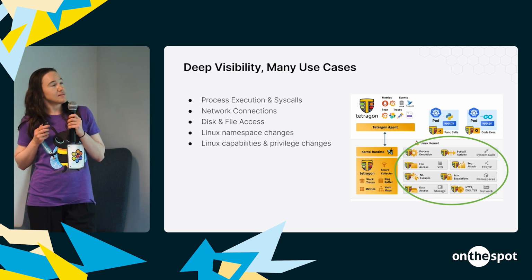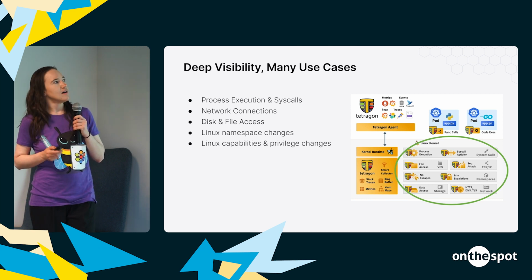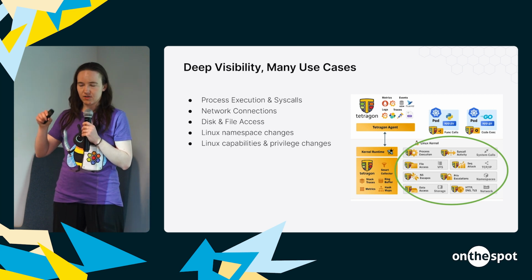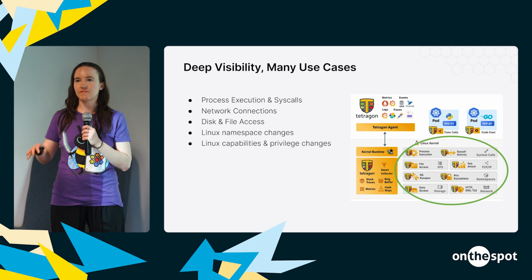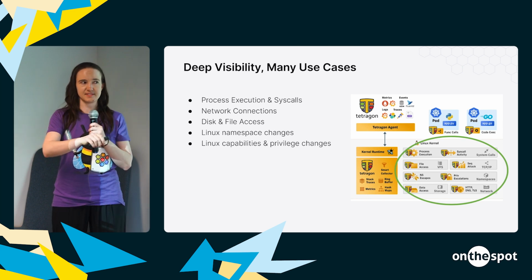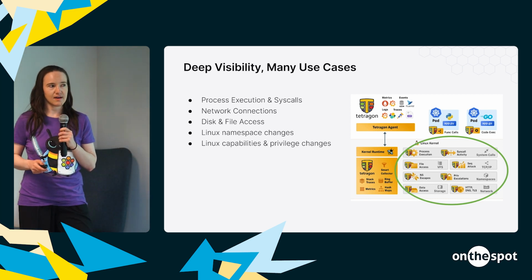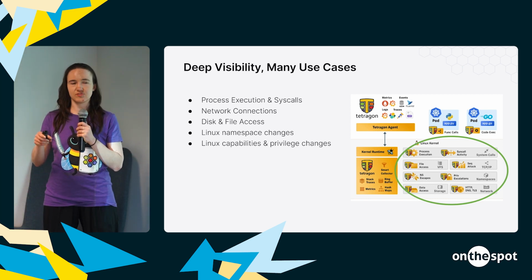Some of the most popular ones are process execution and also syscalls. This is the core functionality of Tetragon, because all of the events have this process context, like there's some process running and everything is attached to this process.